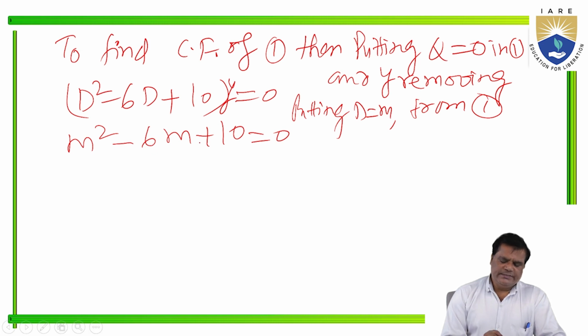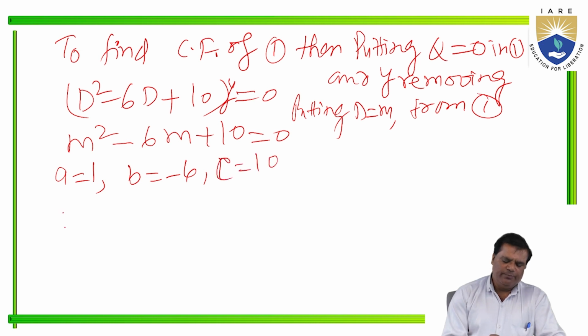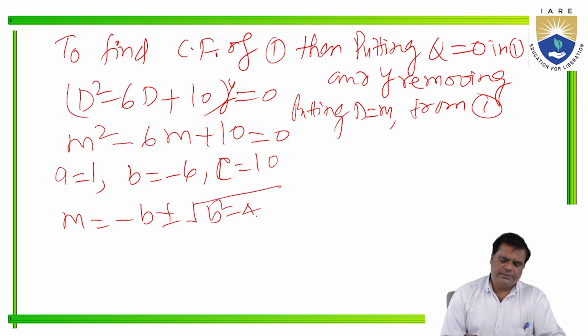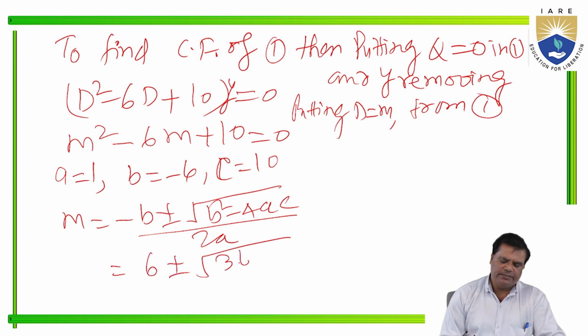So here, factorizing this, m using the formula. A is 1, b is minus 6 and c is 10. So m equals minus b plus minus under root b square minus 4ac upon 2a. So minus b means 6 plus minus under root 36 minus 4 into 1 into 10, upon 2 into 1.